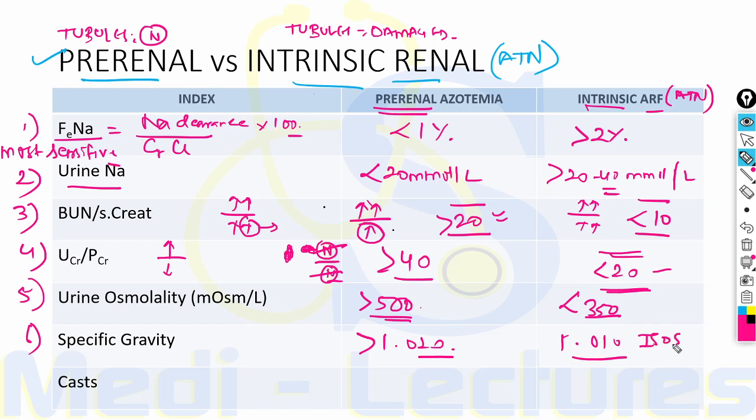This is known as isosthenuria, which can be seen due to tubular damage either in ATN or CKD. Casts which are seen in pre-renal are hyaline cast, which is also known as benign cast, also known as transparent cast.